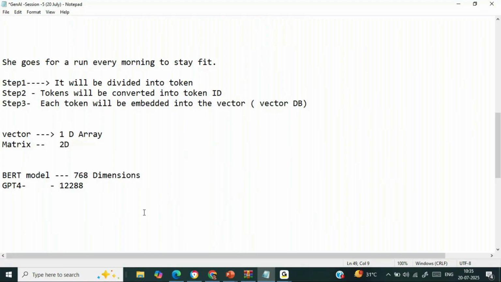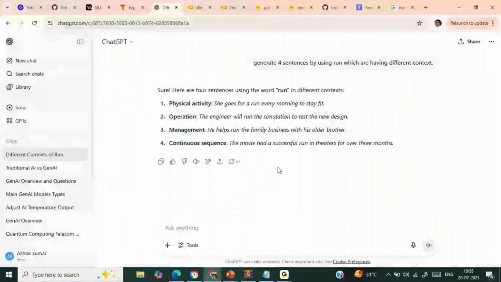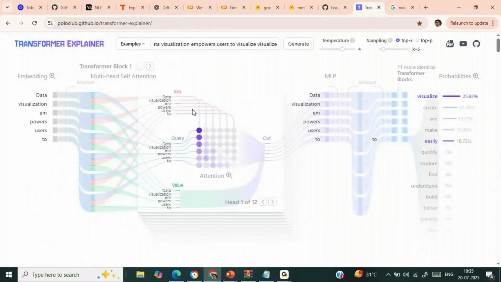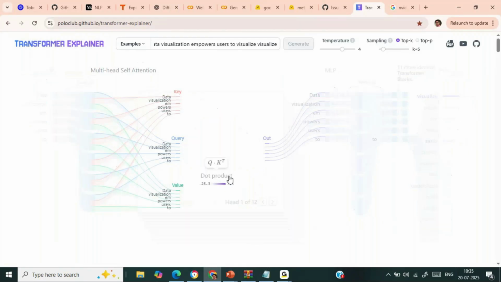Over here, just have a look. Once these tokens are generated, they are given to the attention mechanism.